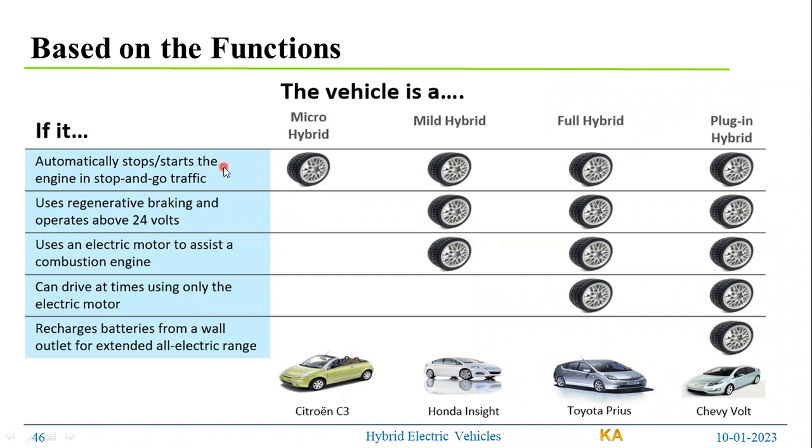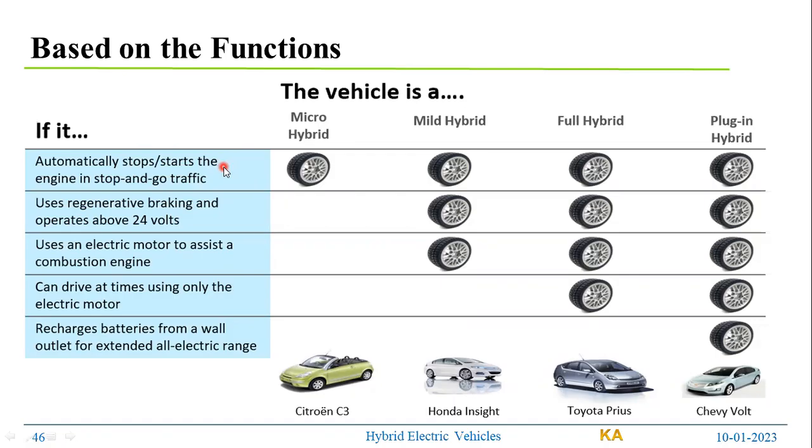Second, along with the start-stop function, if you can recharge the battery with regenerative braking, using the regenerative philosophy in the vehicle, and the battery size is at least greater than 24 volts, most probably it is a 48 volt architecture.